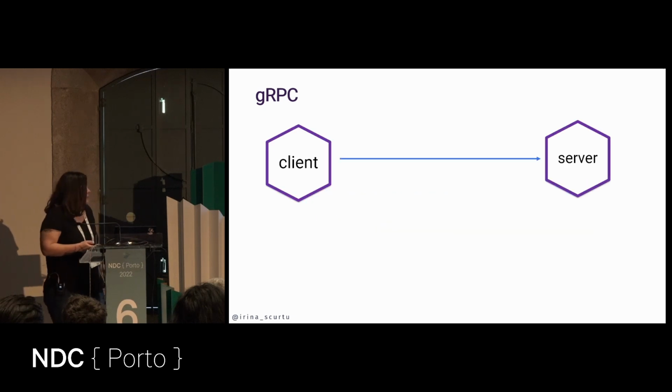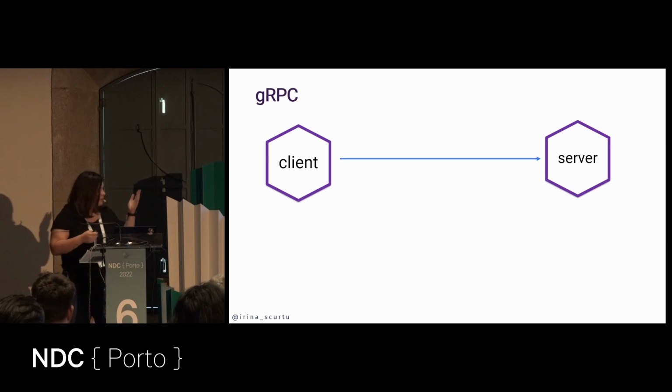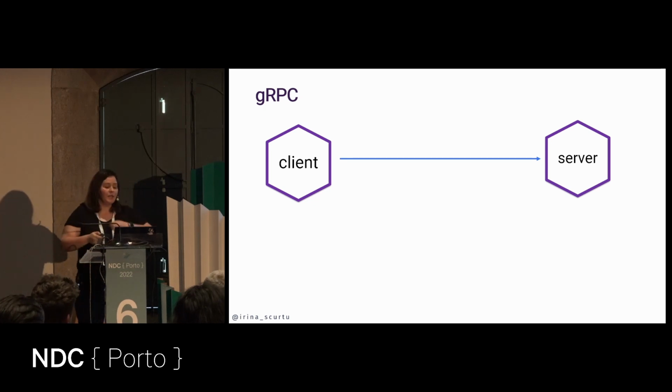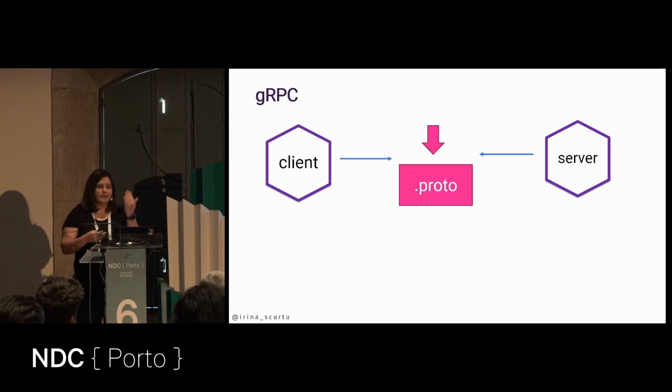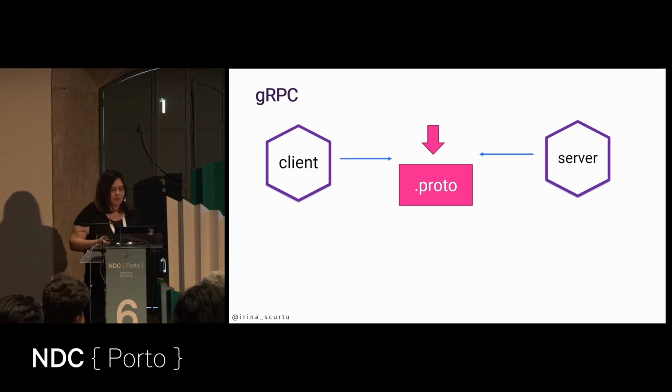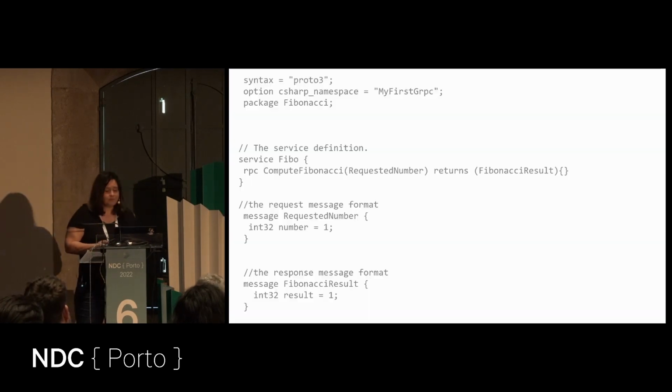Okay, so if we look at client-server architecture and requests over HTTP, now, if we introduce the proto file, it becomes the central point of truth. So the client will know the proto file, the server will know the proto file, and will expose methods. Okay, so now let's have a look at the proto file.